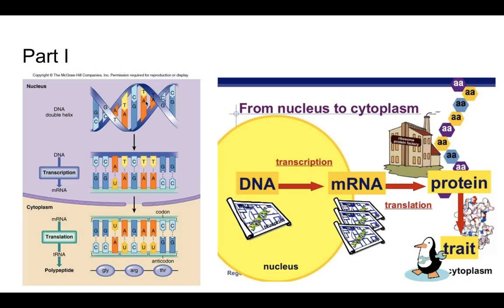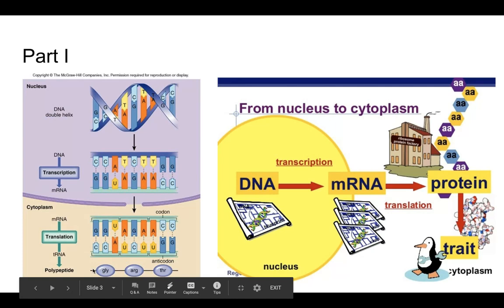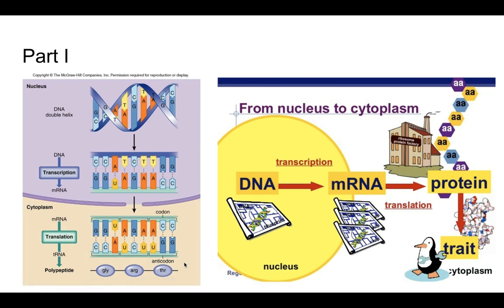So part one, you're going to have to show, there's many ways you can do it. You're going to have to show DNA being transcribed to mRNA in the nucleus. You see it says nucleus here. Then the mRNA, you have to show it leaving the nucleus to go to the cytoplasm to be translated into the amino acid strand, which is the protein, which gives us our trait.